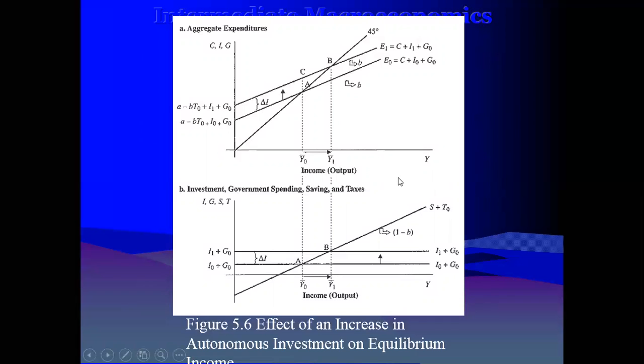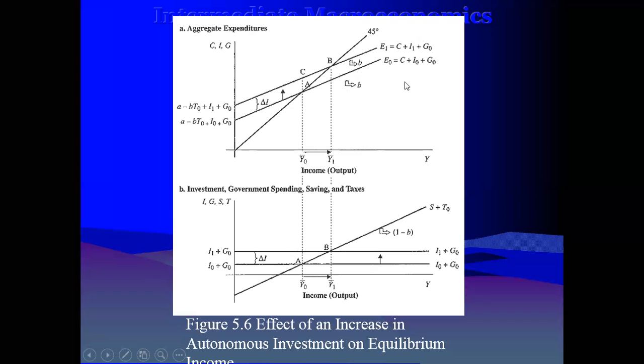Okay, this one we want to look at the effect of an increase in autonomous investment on equilibrium income. If there is a change in investment, how will it affect the level of income? Let's start from E0 with investment I0. This was the initial aggregate demand or expenditure curve. This is our 45 degrees line, and this is where the equilibrium was.